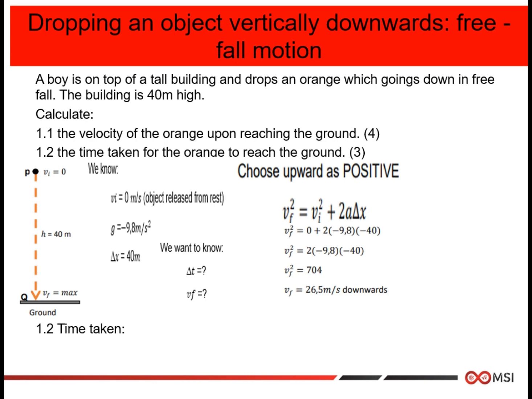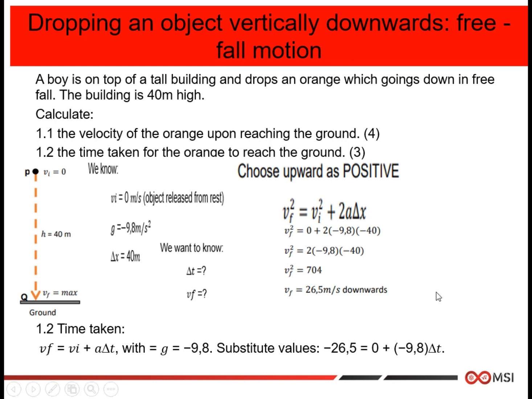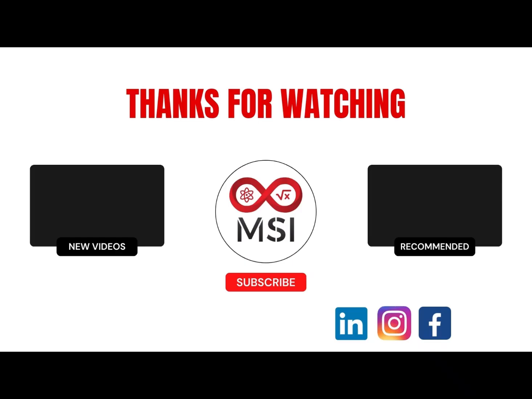Now we are going to use the equation that has vf, v initial, and delta t, because we just want to find delta t. So we substitute our values and then we solve for t. We make t the subject of the formula, right? We make t the subject of the formula. That's the end.